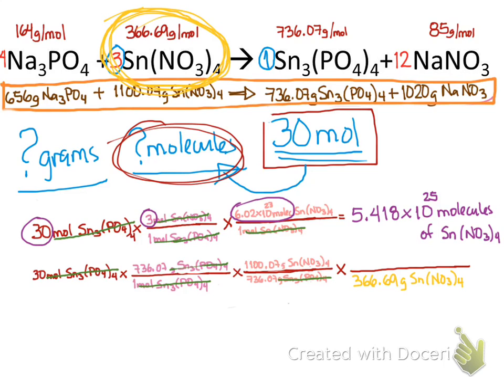Okay, this equals 1 mole. But you will be able to watch it in the video. How many molecules do I have in 1 mole? 6.02 times 10 to the 23 molecules of tin nitrate.